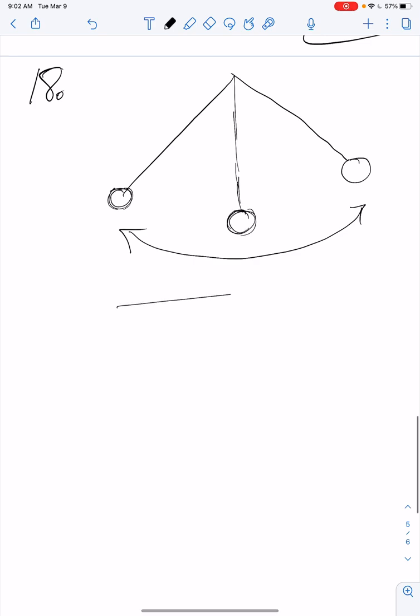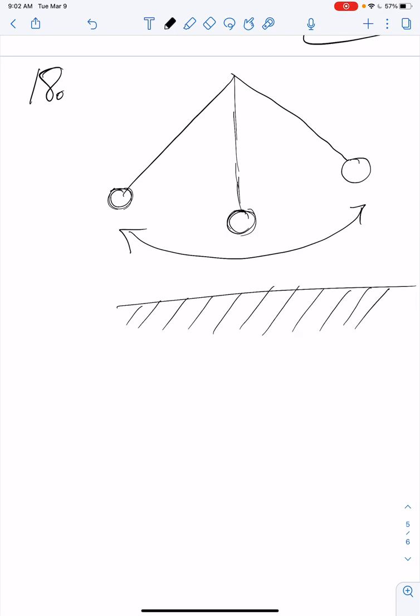I think we've seen a pendulum before, but that's the basic idea. Something to keep in mind is that this height here is going to be the same as this over here, assuming no energy is lost or dissipated, because we will lose energy over time. This pendulum will eventually stop swinging back and forth. But for right now, we can assume that these heights are the same and we're not losing any energy.